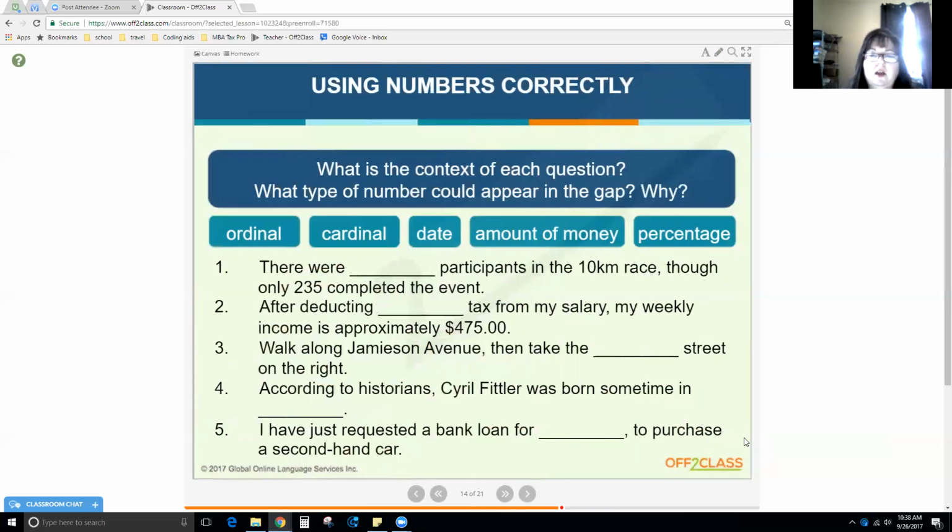Okay, we're looking for context in the questions again. And we want to decide which type of number would appear in the gap. Okay, so the first question we have is there were blank participants in the 10-kilometer race, though only 235 completed the event. So what type of number would fit here?